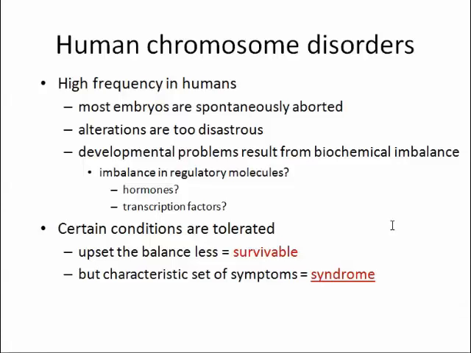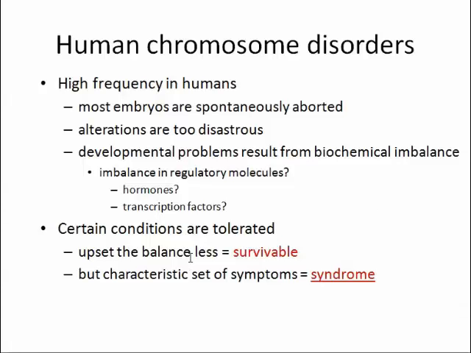But for most of the chromosomes, if you have too many or not enough, or if you have an insertion or deletion or something wrong with the chromosomes, most of the time that child won't be born at all because it's going to be causing too many problems in their hormones and transcription factors and imbalances in their body, and most of the time they won't even develop properly to be born.